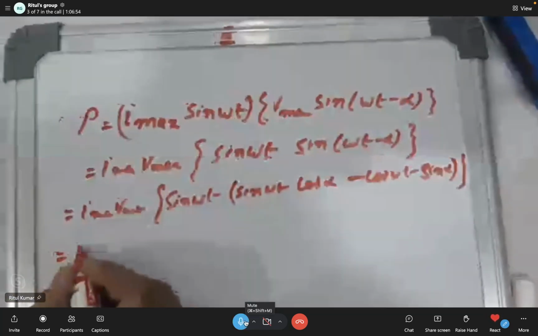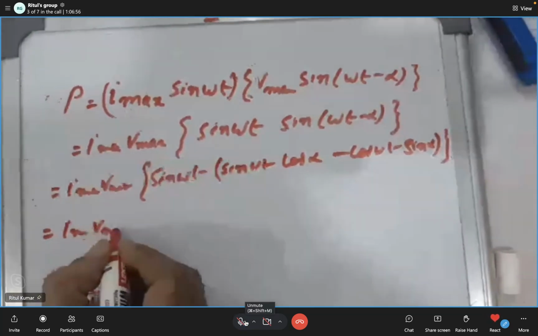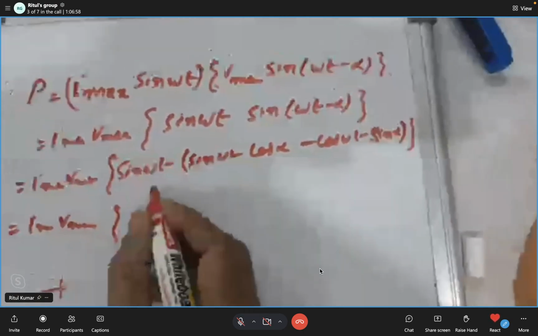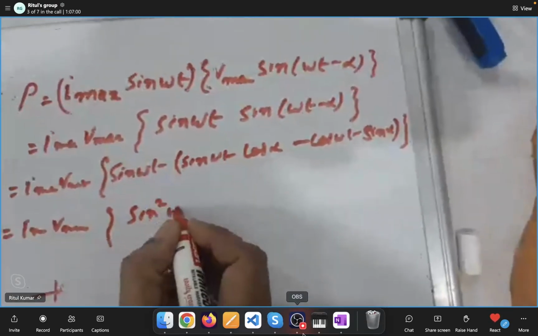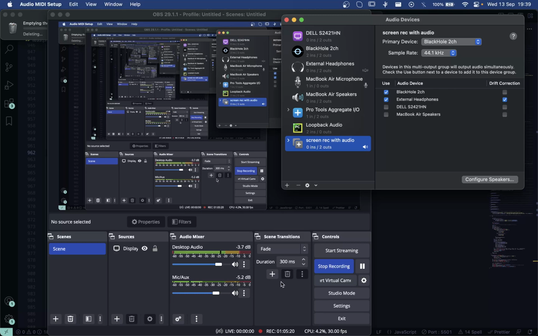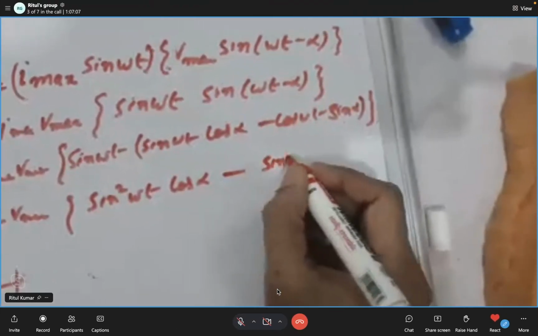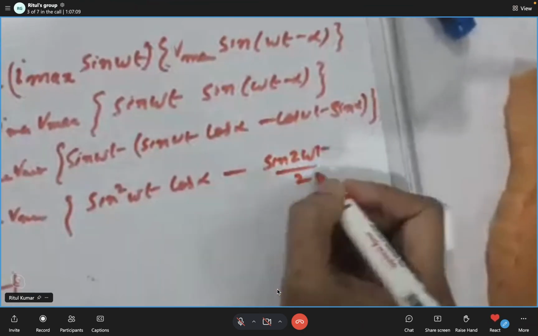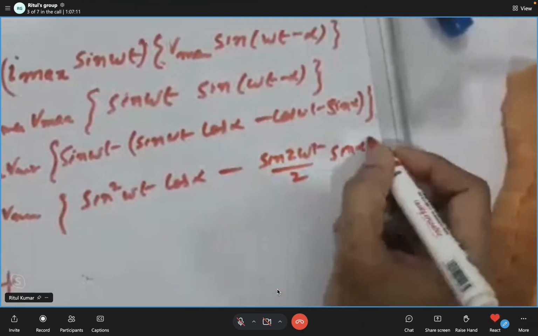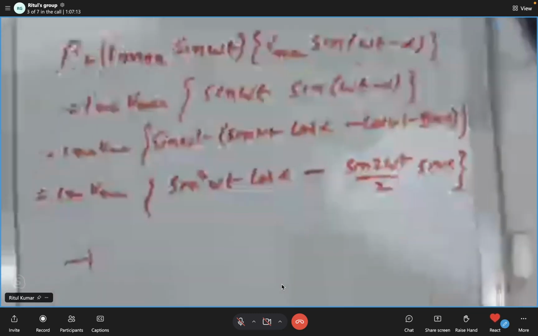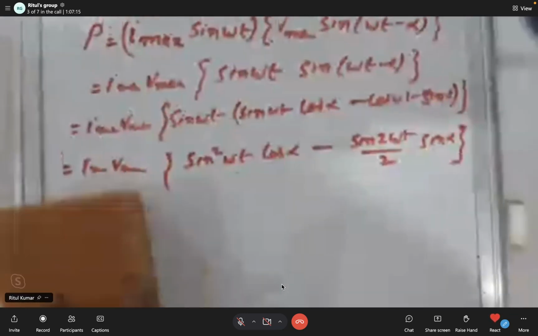Imax Vmax, bracket open, sine squared omega t cos alpha, right? Minus sine 2 omega t by 2 sine alpha. Do check, I'm skipping a few steps over here, right? Yes, sir.